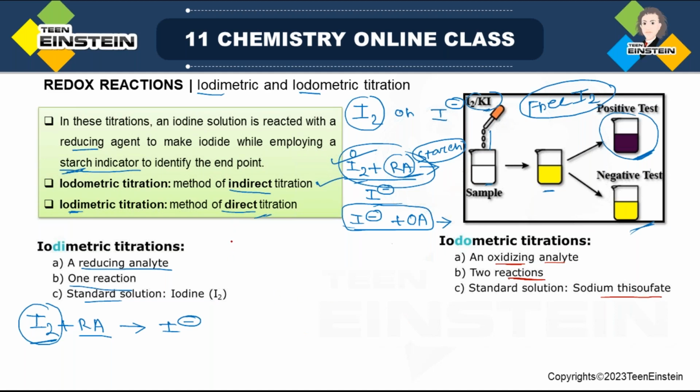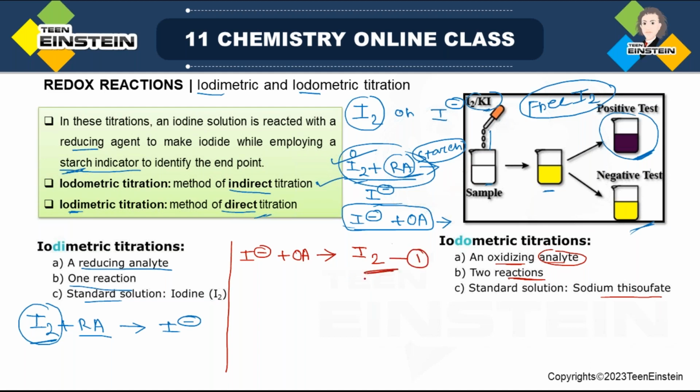Now what does it mean? See, first what we do, we take I minus, that is any iodide, and this iodide reacts with some oxidizing agent. This oxidizing agent is basically the analyte for which you are trying to calculate the concentration. You do not know the concentration. Now I minus will be converted to iodine. Basically you also do not know the concentration of I minus as well as OA, that is the oxidizing agent. So this is the first reaction that you have to do.